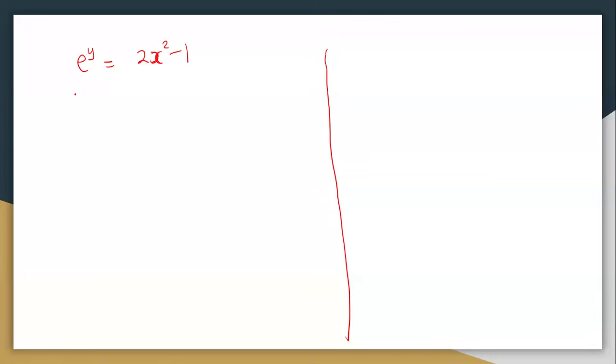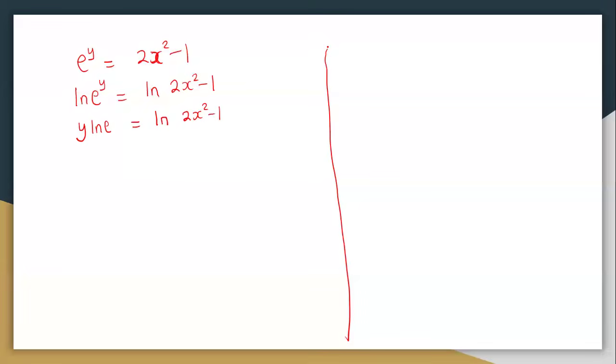So you'll say natural log of e to the power y is equal to natural log of 2x squared minus 1. What do you get? Now remember your laws of logarithms, that this power can drop. So you say y natural log of e is equal to ln of 2x squared minus 1.